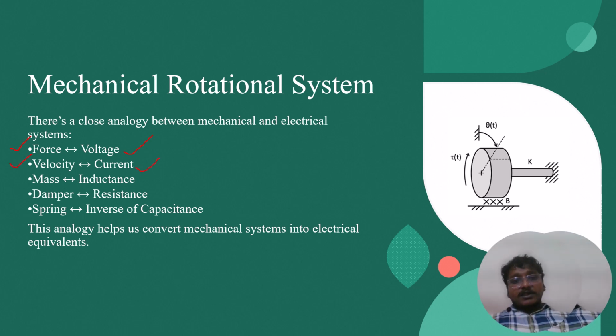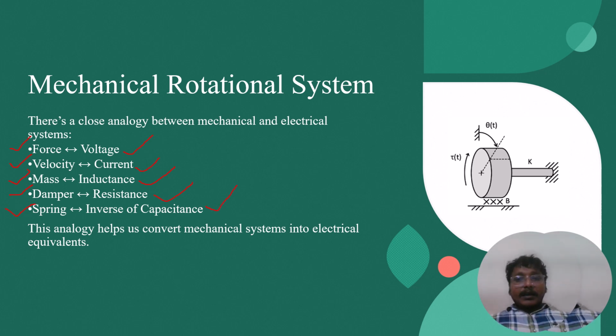Force and velocity are related, and in the same way voltage and current are proportional, sorry, inversely proportional. Next, mass is converted into inductance. The damper is converted into resistance. And finally, the spring, which acts as a force, is considered as the inverse of the capacitance.